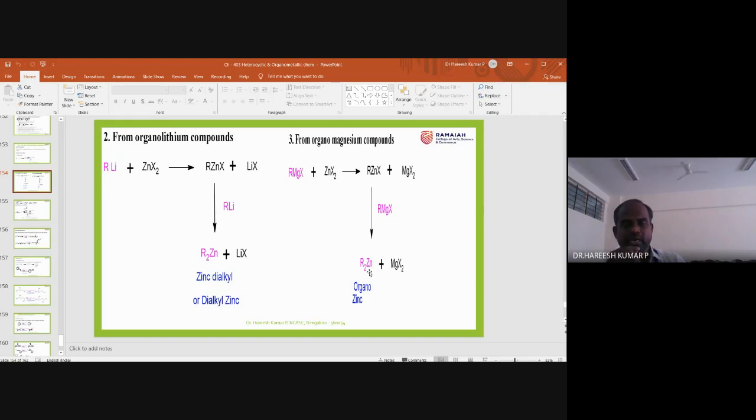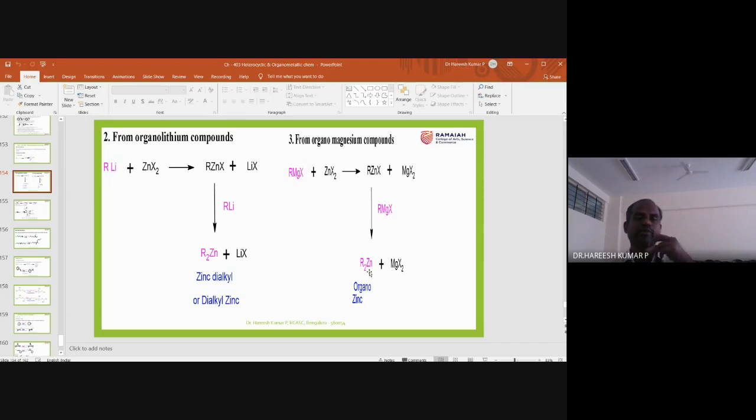Up to this I discussed a general example. In place of R, you can take any alkyl, such as methyl or ethyl. Here R is equal to alkyl. Alkyl may be a methyl group or ethyl group.